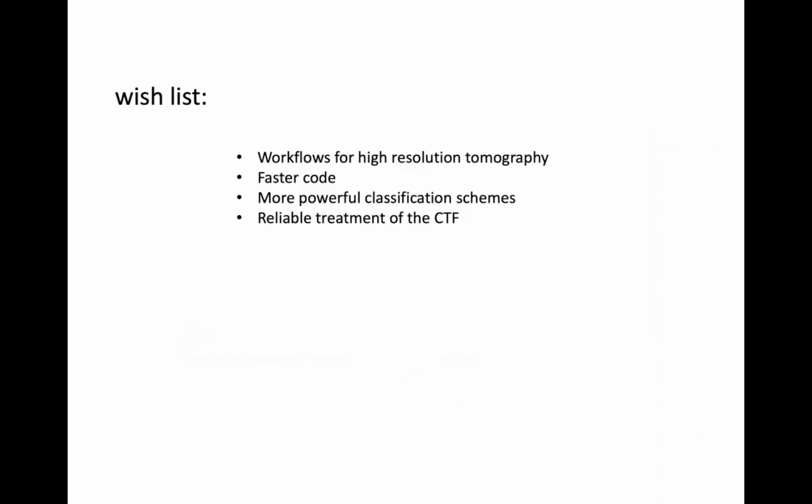After the workshop, we give the participants a form: please, what would you like to see in Dynamo? And we always expected the wish list to be something like, I want better resolution, faster code, better classification schemes, better CTF, etc. That's what we expected.